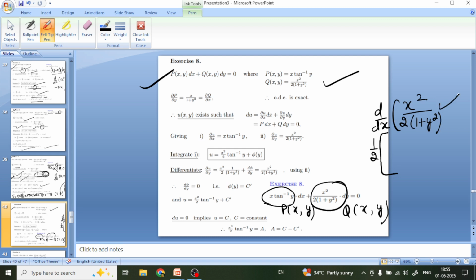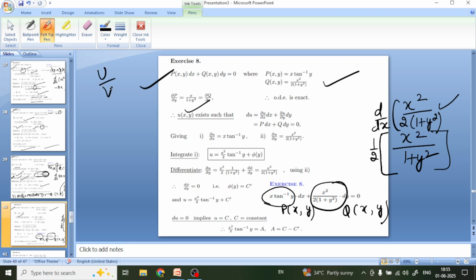You have to put here the formula x square over 1 plus y square, and you will find this value when you solve it.